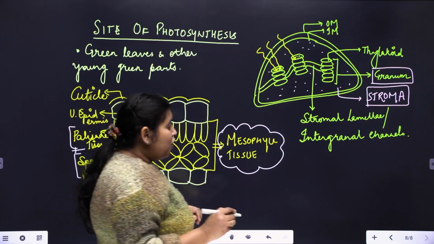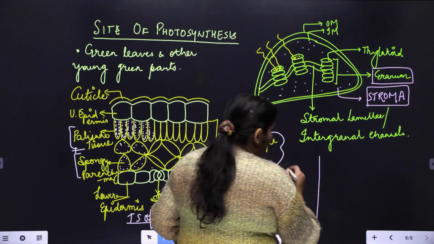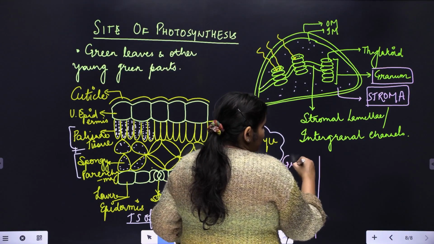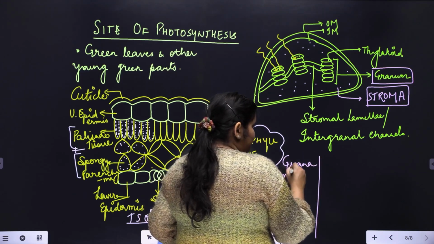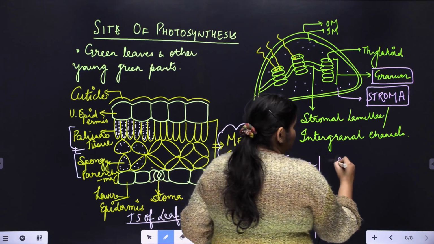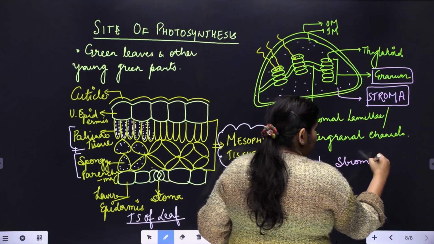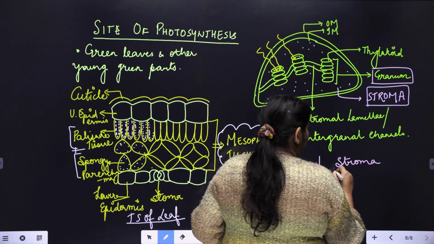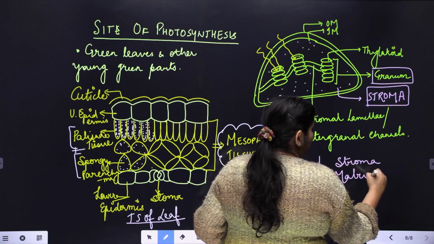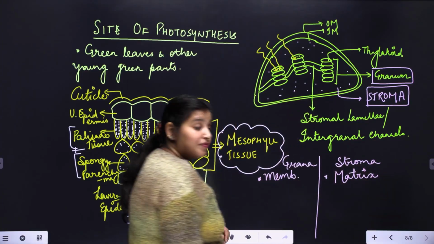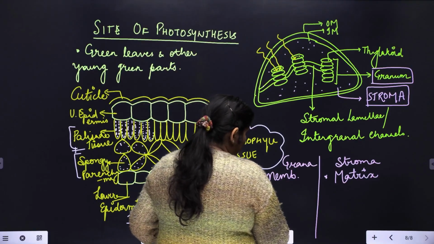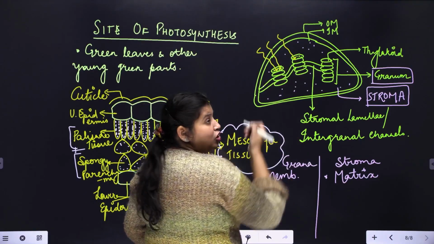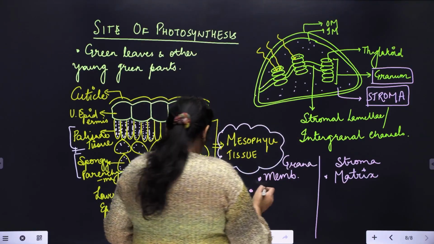All right. Now, if I differentiate stroma and grana here, grana is the membranous part and stroma is the matrix part of the chloroplast. Right. What is it doing? Grana, you have seen, has chlorophyll molecules. So what is it doing?